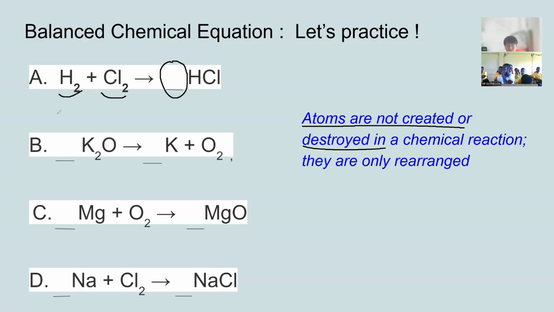So we have 2H on the right, 2Cl on the left. All of these are on the left. But we have 1H on the right, 1Cl on the right. How can we fix this to make these equal?